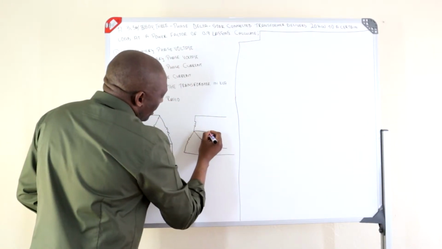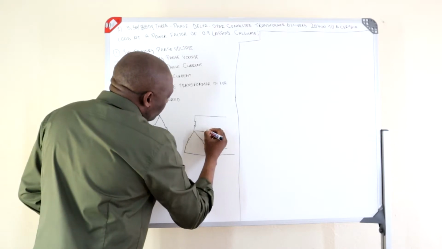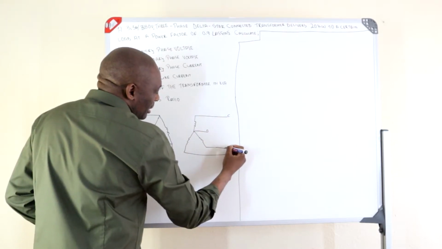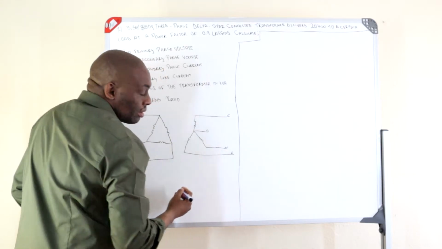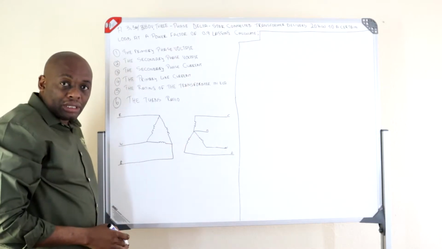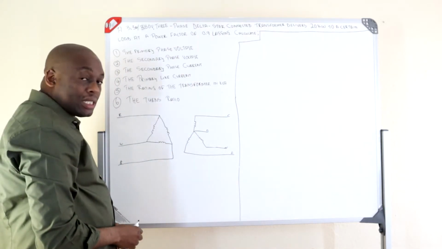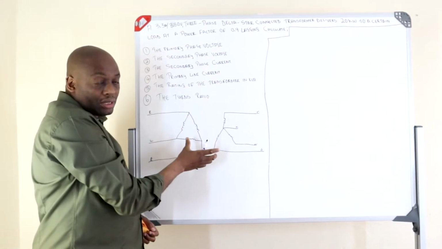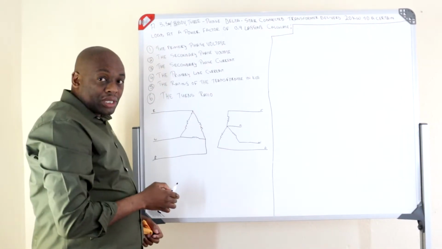Our star has a neutral, with your red line, white line, and blue line. So we are done drawing the vector group that was stated in the statement. Now we need to populate the information in our drawing from the statement.